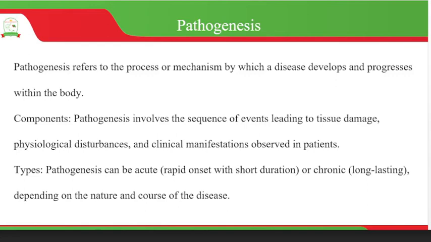So the components of pathogenesis include clinical manifestation and physiological disturbances, and these physiological disturbances and manifestations that are observed in the patient may be evidenced by either the patient or the health worker in terms of symptoms and signs.